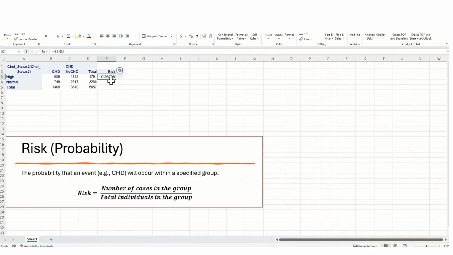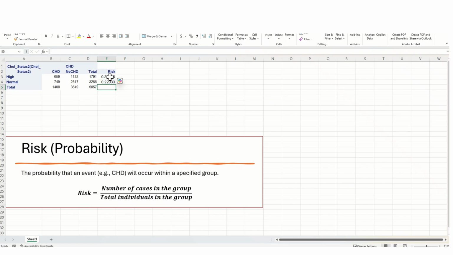So now we can see clearly that among the high cholesterol individuals, the risk of chronic heart disease is 36.8 approximately, right? Similarly, the risk of chronic heart disease among normal cholesterol individuals is the number of cases in normal individuals divided by the total individuals in that normal cholesterol level group, which is 3266.